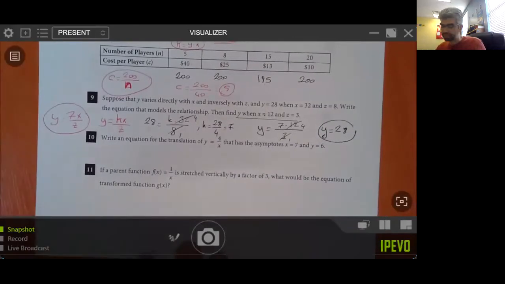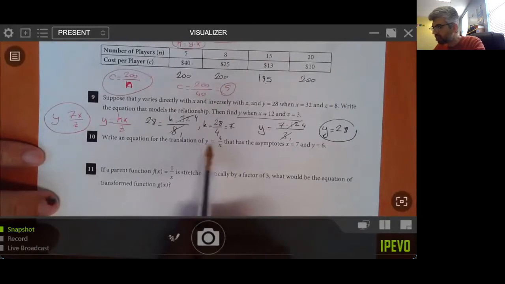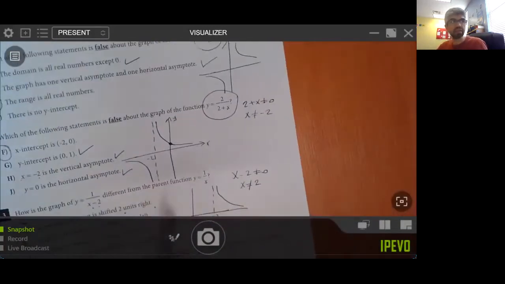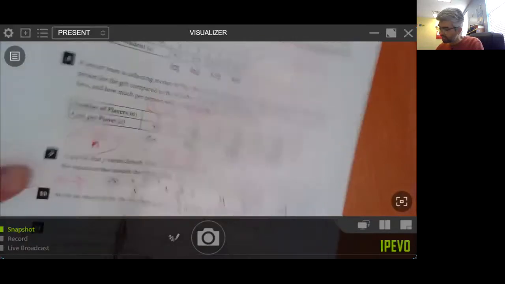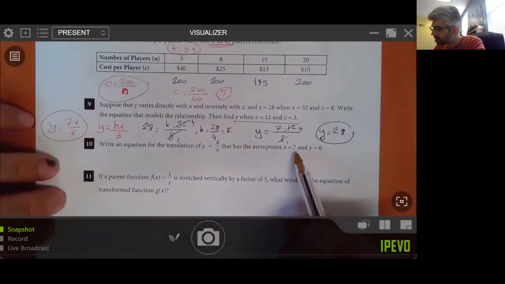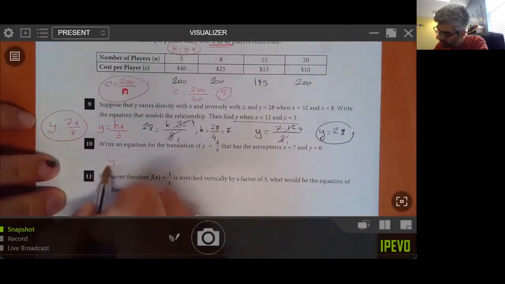Number 10, write an equation for the translation of y equals 4 over x. This kind of question, a similar one we have solved, right? The asymptotes are x is 7 and y equals 6.